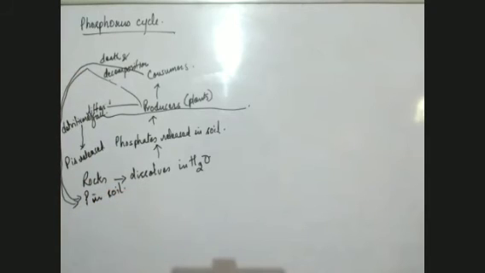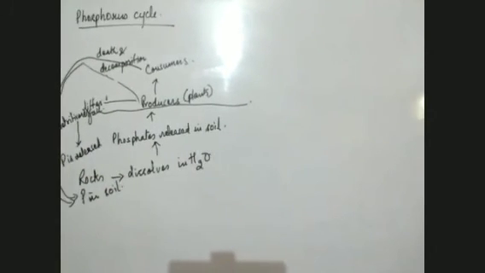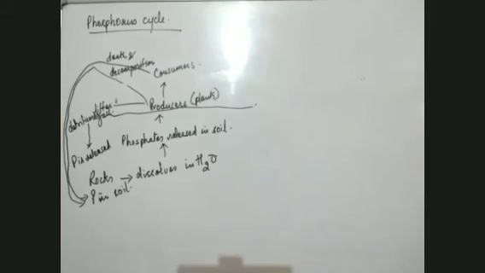So this is how the phosphorus cycle goes. The phosphorus in the rocks first dissolves in water. The phosphates are released in the soil, then used up by producers or plants. Then they are eaten by the consumers. The consumers and producers die, their bodies get decomposed, and the phosphorus is released in the soil. They may form rock or remain in the soil.